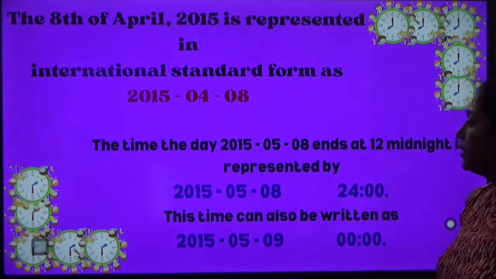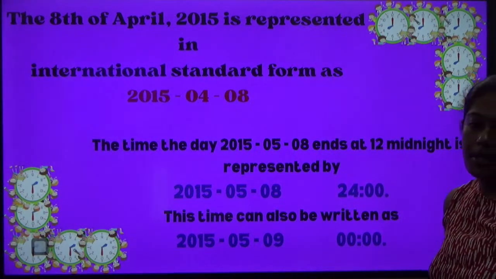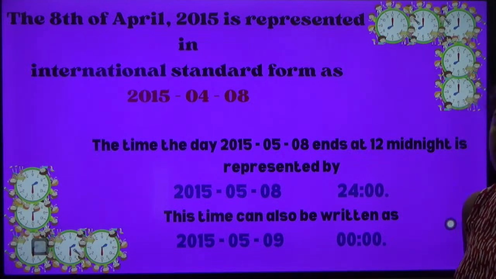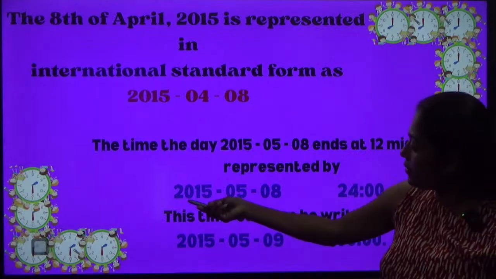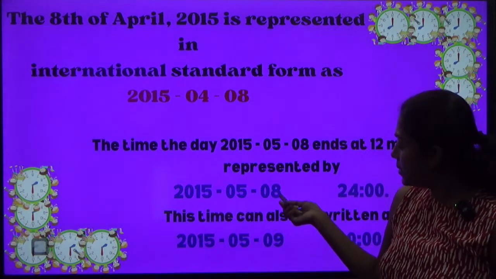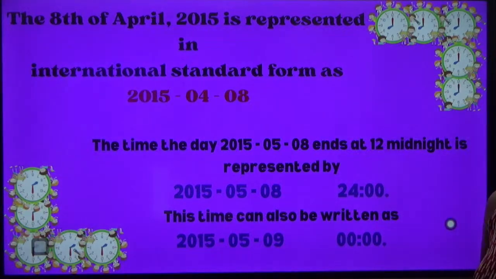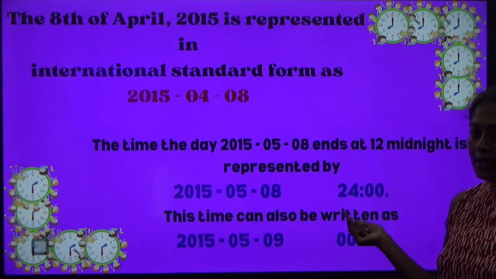Right. The time, the day 2015, May 8 ends at 12 midnight, is represented like this. So date and time all together you can write. First you have to write the year, month, date, then time. 12 midnight, in the 24-hour clock, you write like this.